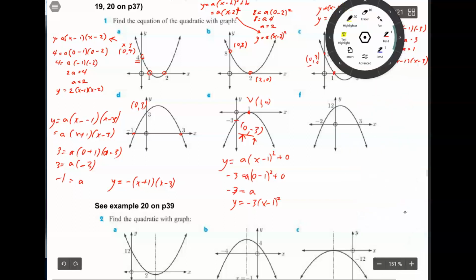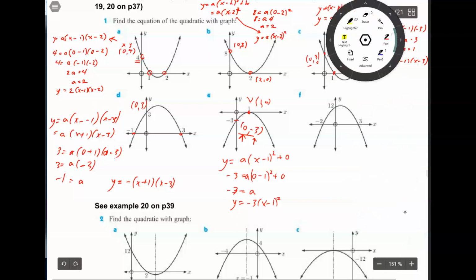Let's do f. So in this particular one, they give us two x-intercepts, and they give us the y-intercept, which is 0, 12. So we're going to write that the equation is y equals a times x minus negative 2 times x minus 3, which is equal to a times x plus 2 times x minus 3.